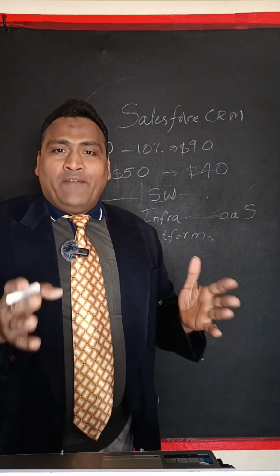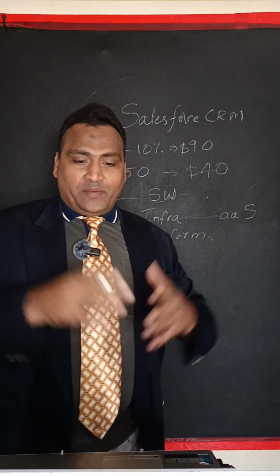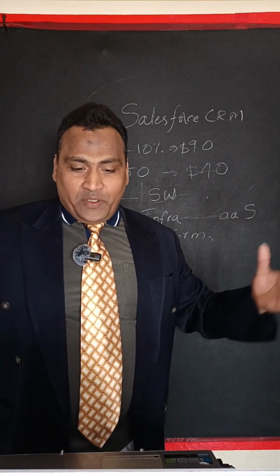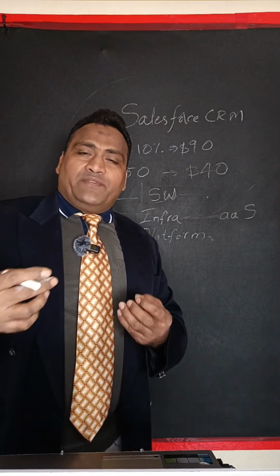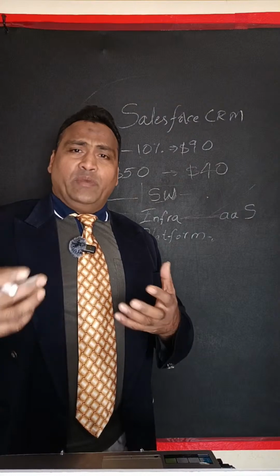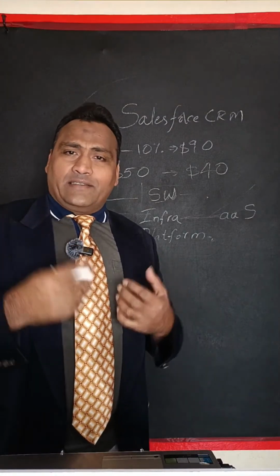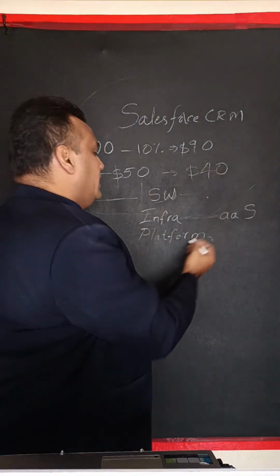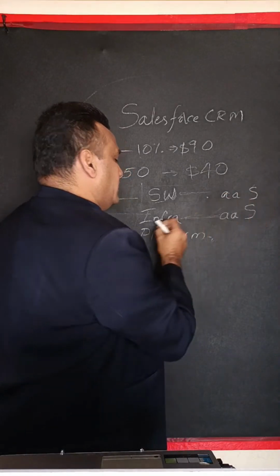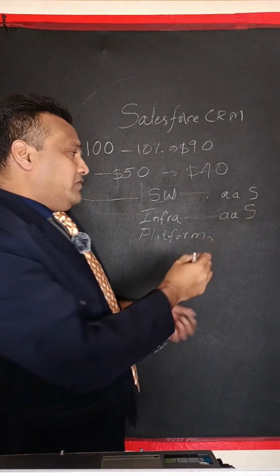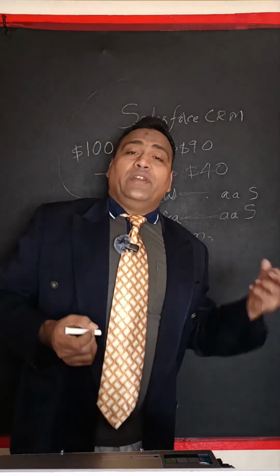So you need not have that much infrastructure, that much drive, 1 TB, 2 TB. No, you need not. Simple. Take the subscription from Google, become a member of Google, access. That's it. This is IaaS, infrastructure as a service. Then software as a service, the SaaS product.